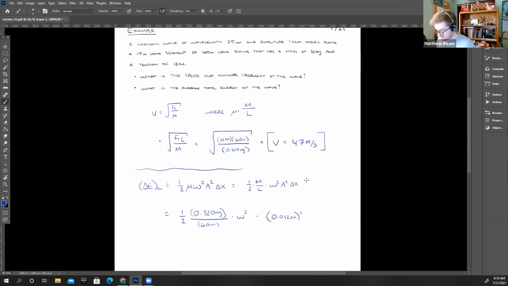And this is the specific segment that I'm looking at, which is only 15 meters long. Okay, so we are given everything for this except for the omega, the angular frequency. We need to find that first.